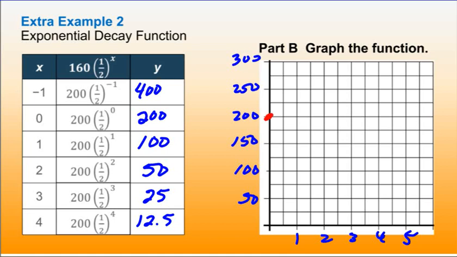So 0, 200 would be here. Then I would have 1 and 100. 2 and 50. 3 and 25. 4 and 12.5. So then if I were to draw my graph, it would come down something like this.